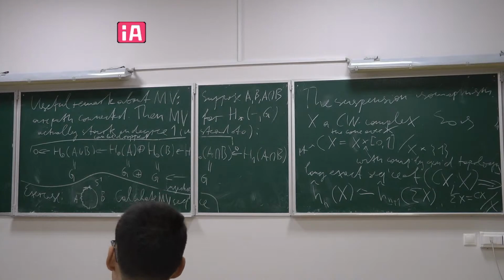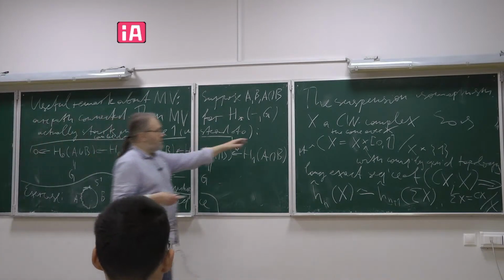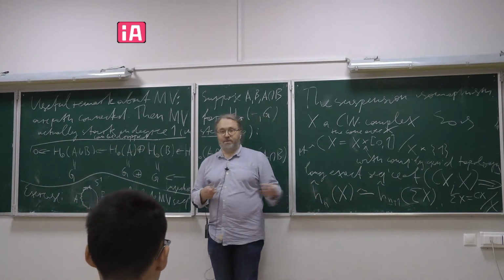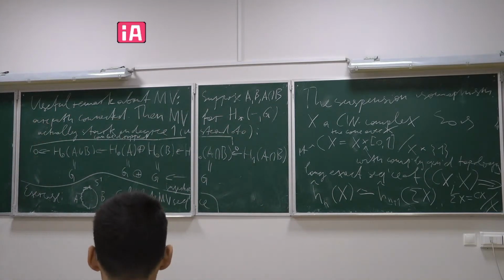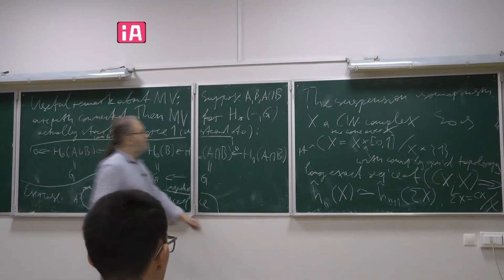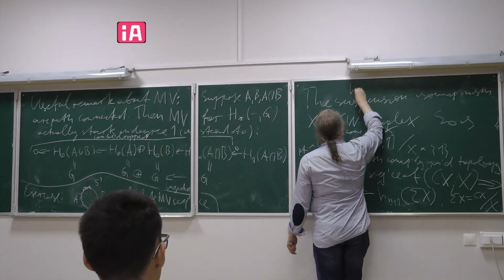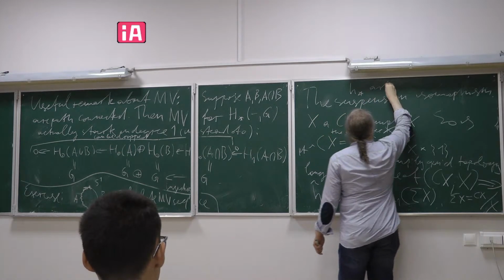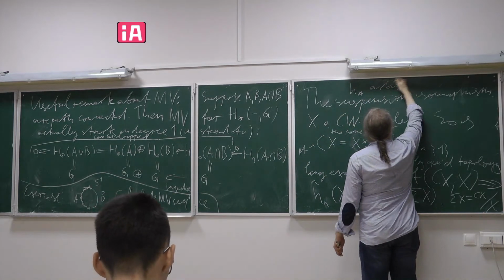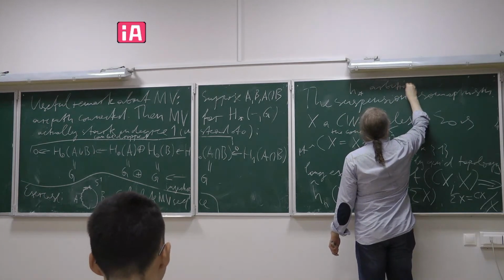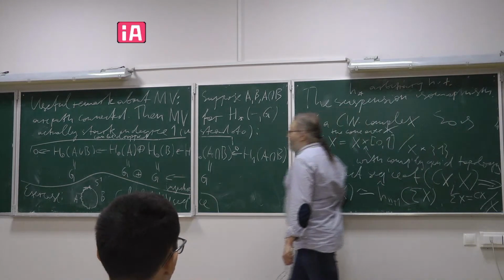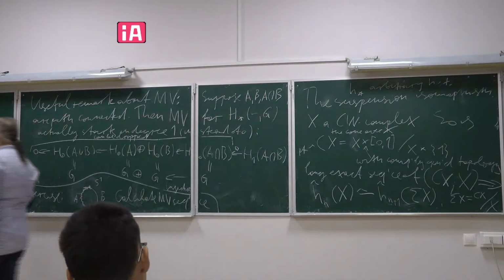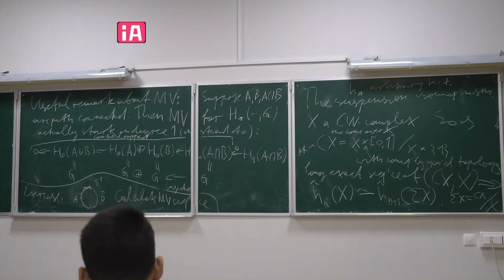Okay, so we have this isomorphism, which is the suspension isomorphism, and this isomorphism works for an arbitrary homology theory. Okay, what next?